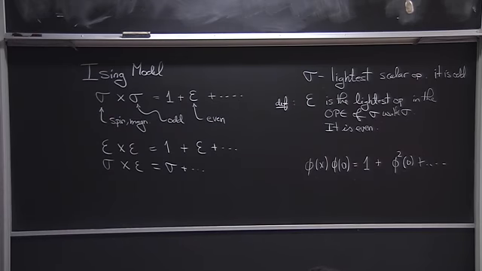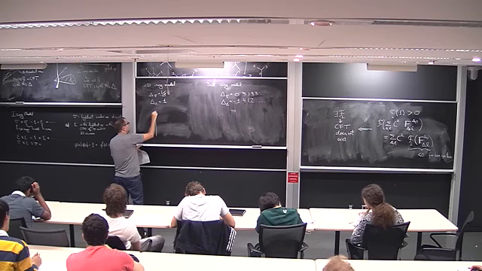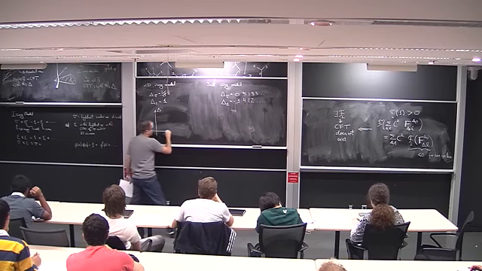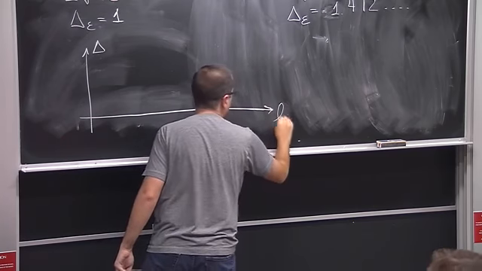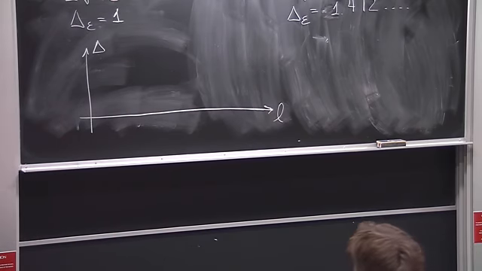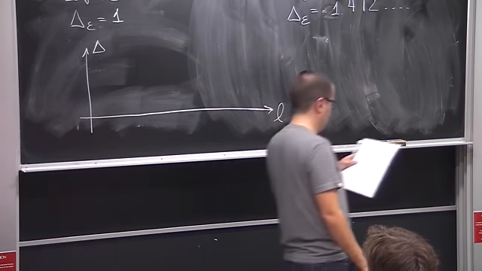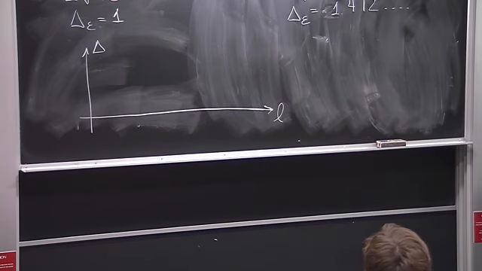So let's write, what do we know about the spectrum of my theory? Let me write the spectrum, and let this be the spin. What do we know about this plot here that you saw in the first week? Can someone tell me something? There's the unitarity bound.